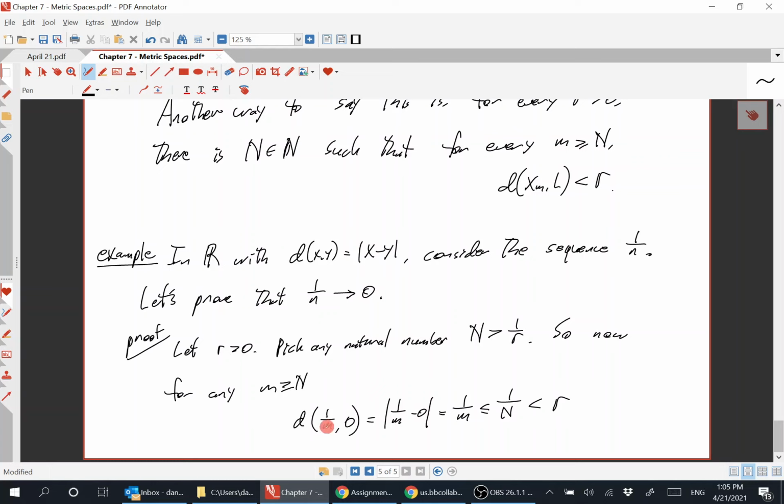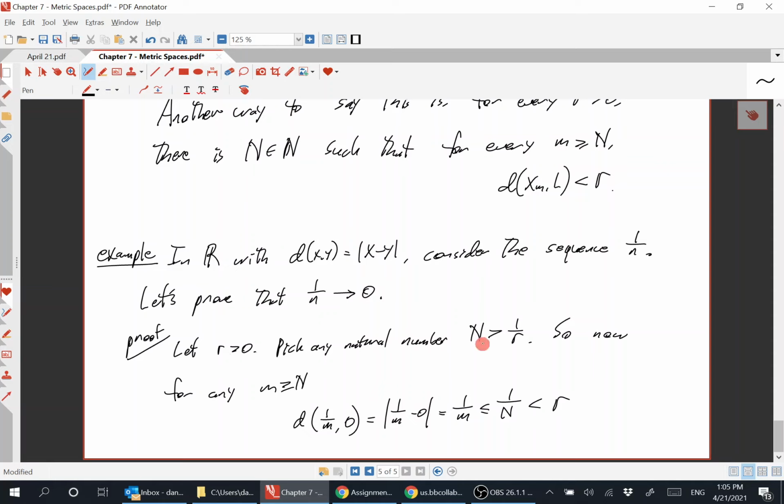The distance from the sequence, 1 over m, to the limit, 0, which in this metric space looks like this, is equal to 1 over m, is less than or equal to 1 over n, which is less than r. 1 over m is less than or equal to 1 over n because m is bigger than n. When you take reciprocals, the inequality just gets flipped around.